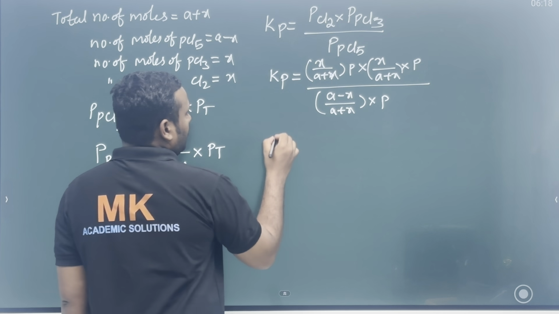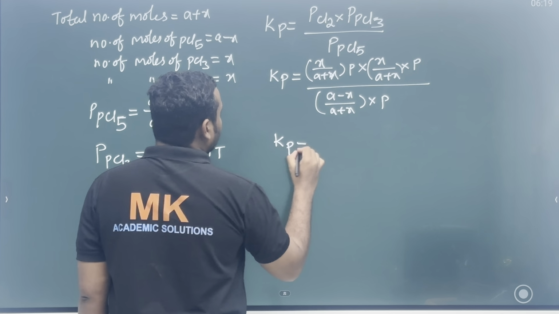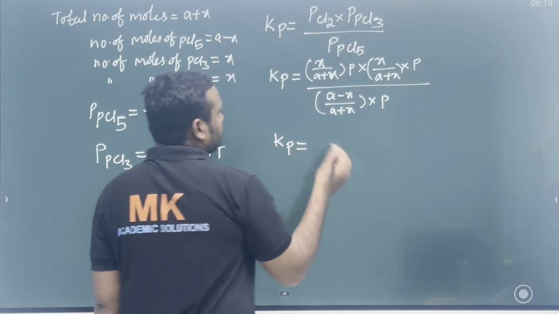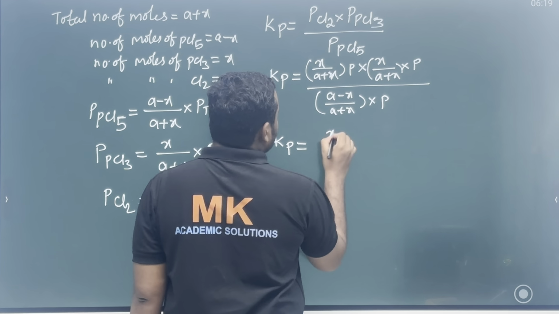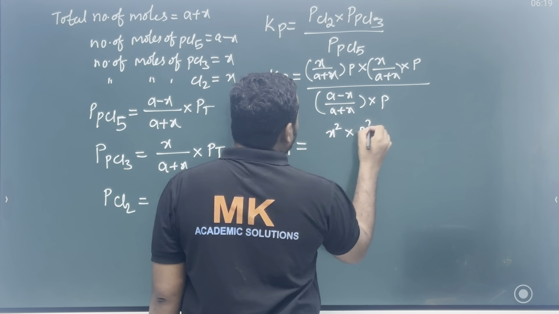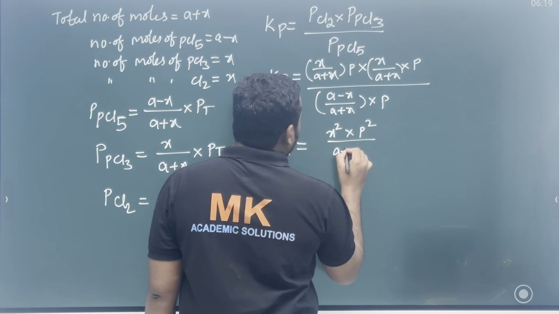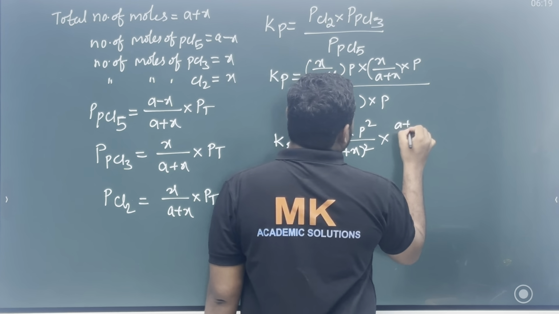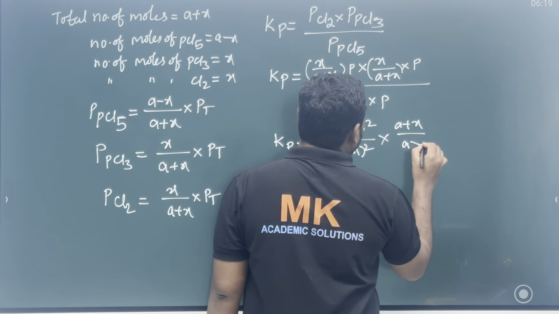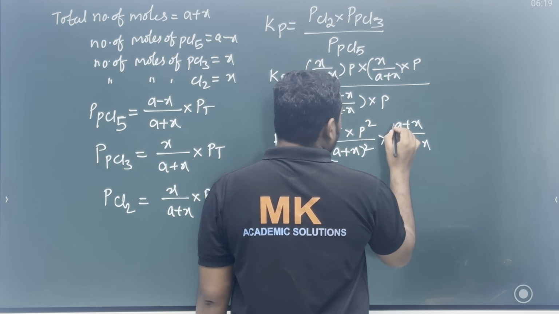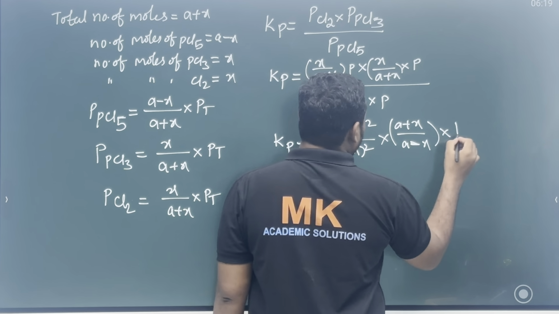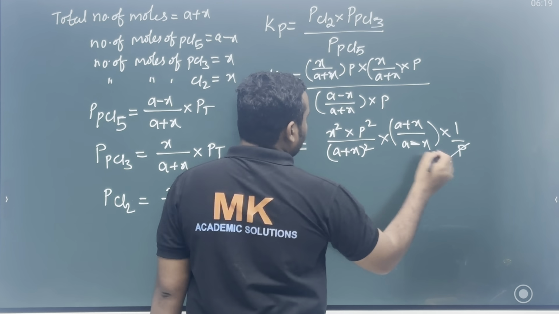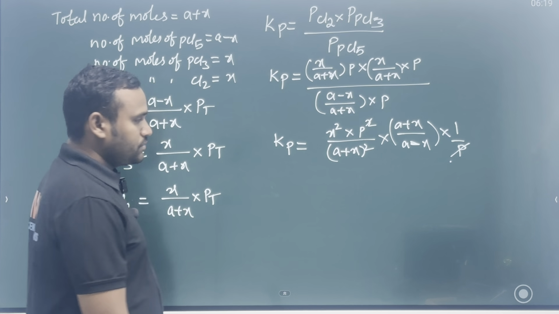So therefore Kp is equal to, what will you get here? x into x, x square into P square by A plus x whole square, into A plus x by A minus x, into 1 by P. So here P and P square will get cancelled out.